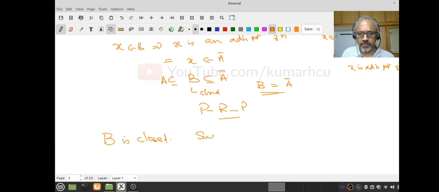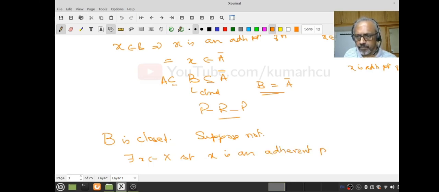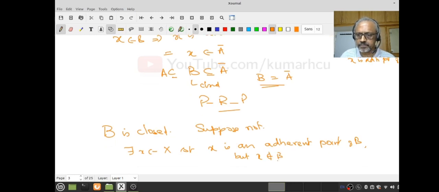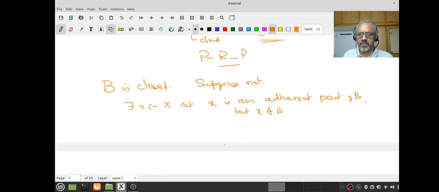Suppose not. Now you see how we are going to use our results. If a set is not closed, what does it mean? It means an adherent point of the set is not in that set. Therefore there exists an x in X so that x is an adherent point of B, but x is not in B. If x is not in B, what does it mean?